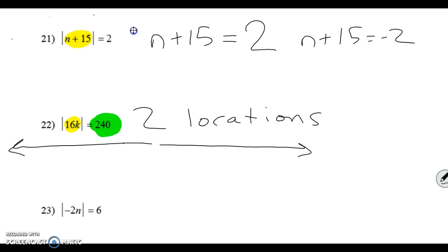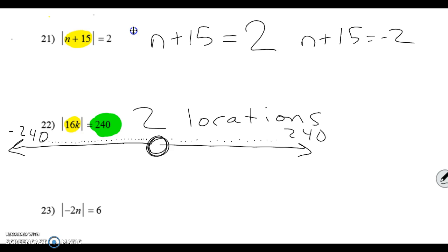If I wind up at 240, here's the center, 0, right by my podium. I can traipse along till I get to 240, or I could traipse along until I get to negative 240.